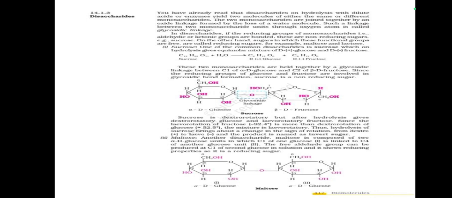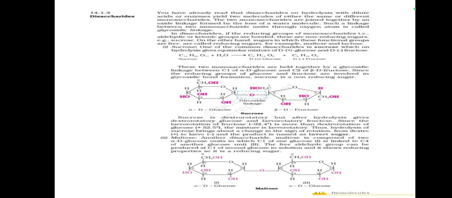Sucrose is dextrorotatory, but after hydrolysis it gives dextrorotatory glucose and laevorotatory fructose. Since the laevorotation of fructose (-92.4 degrees) is more than the dextrorotation of glucose (+52.5 degrees), the mixture is laevorotatory, and thus hydrolysis of sucrose brings about a change in the sign of rotation, from dextro to laevo, and the product is named invert sugar.